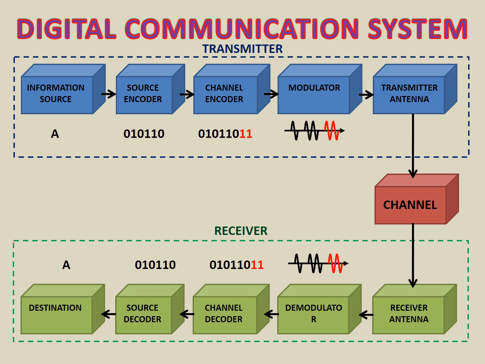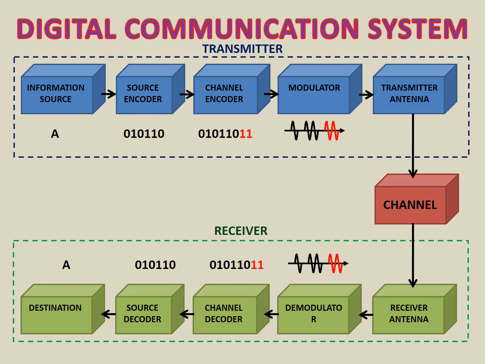Modulator, which is a digital modulator, converts this digital signal into a modulated signal by some digital modulation. And the transmitter antenna transmits the modulated signal by channel to the receiver.